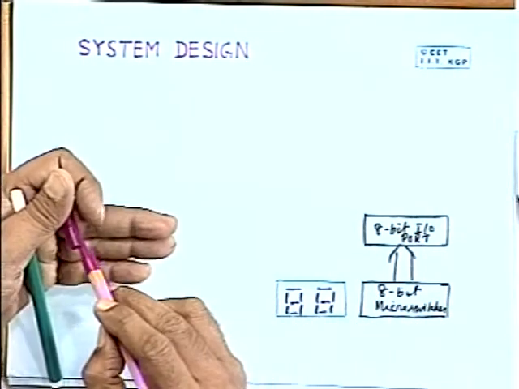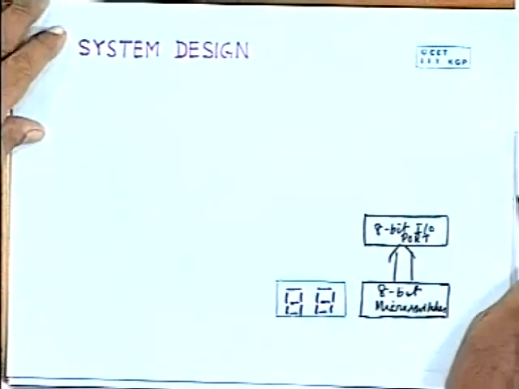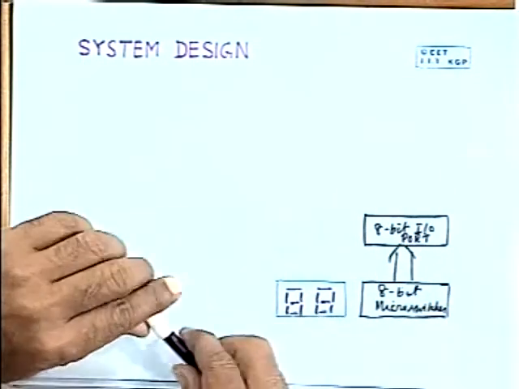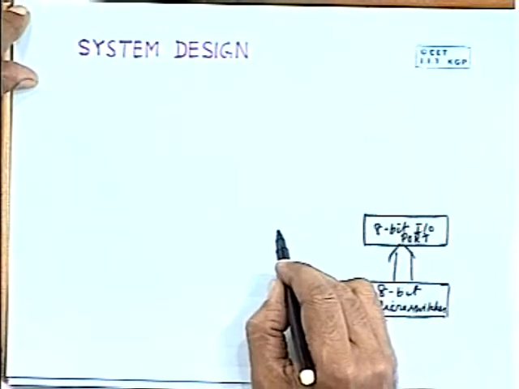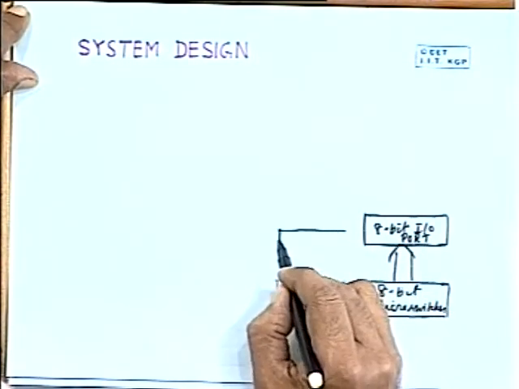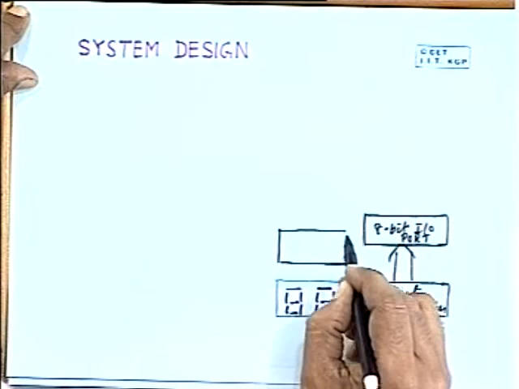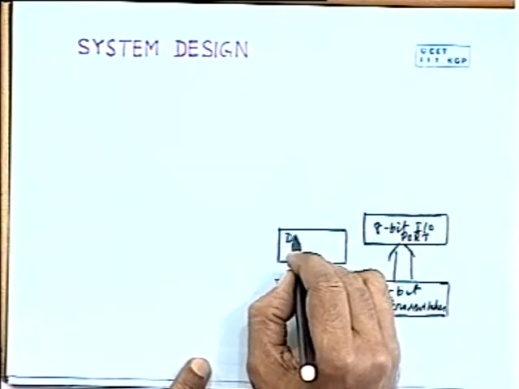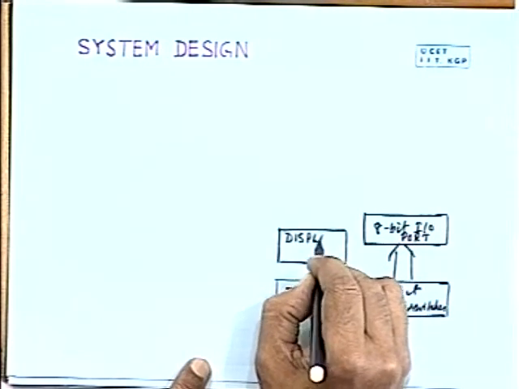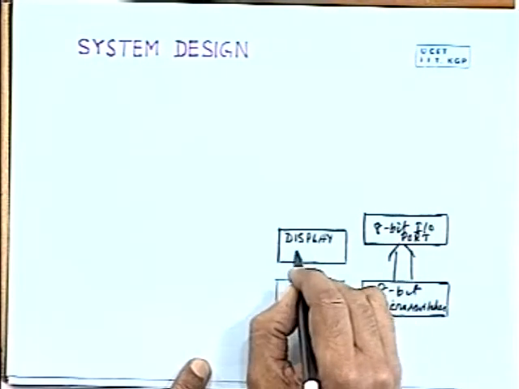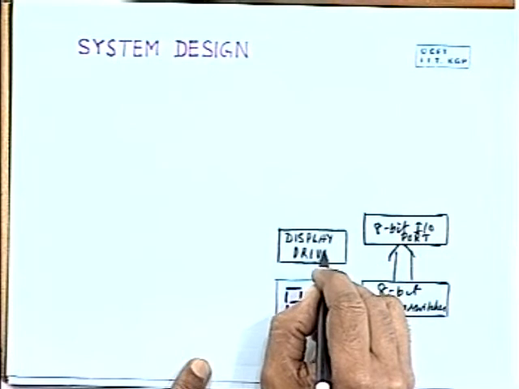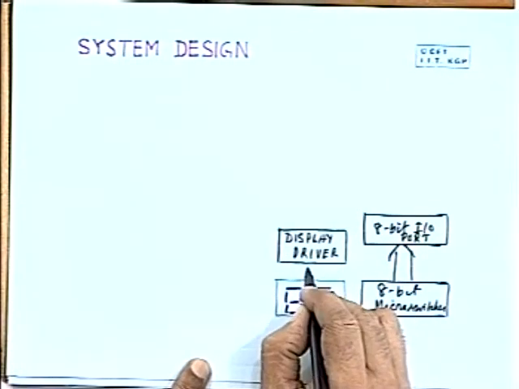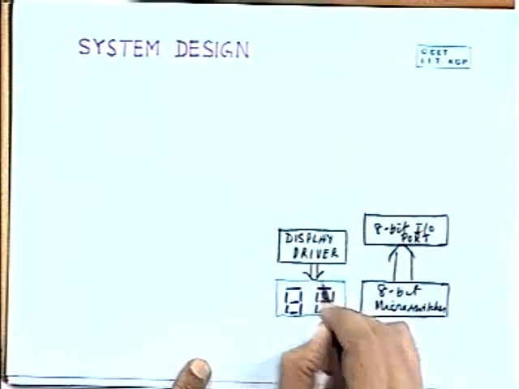And these two 7-segment LED displays, since the number of digits is 2, you can interface them in many ways, but to reduce the requirement of port lines, it is better to use some display driver. So we shall use some display drivers to reduce the number of port chips, and that will drive the LEDs.